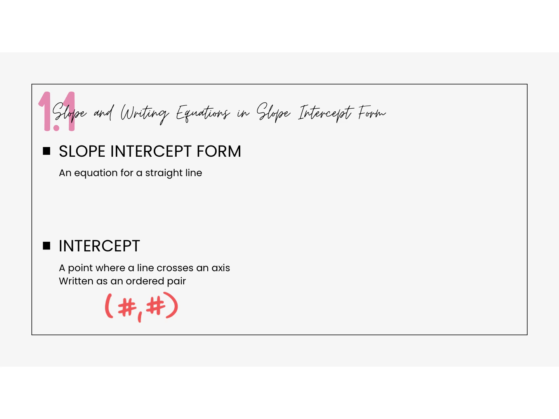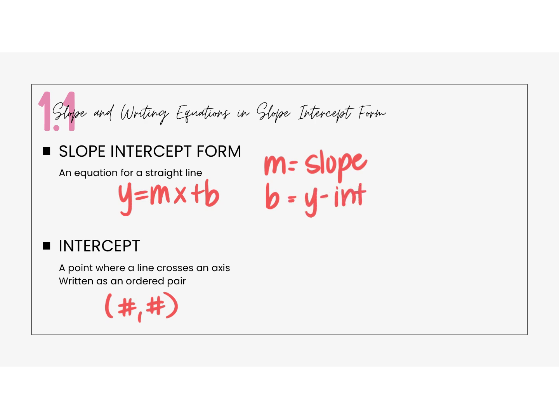So we have an x and a y value. Okay, when we look at our slope-intercept form, that is y equals mx plus b. And remember that m stands for slope, and b is the y-intercept, which is always going to be written as 0, comma, a number.